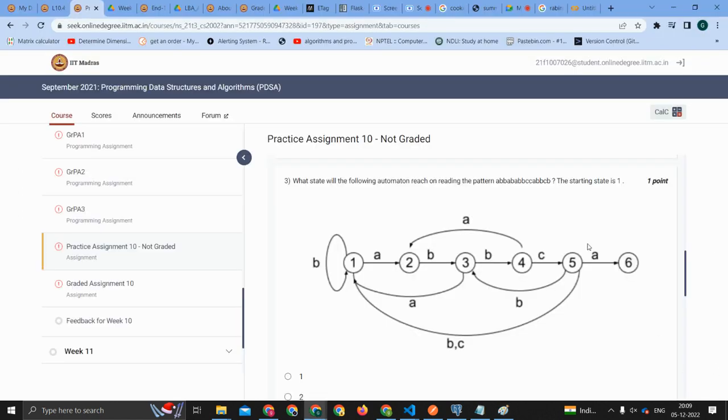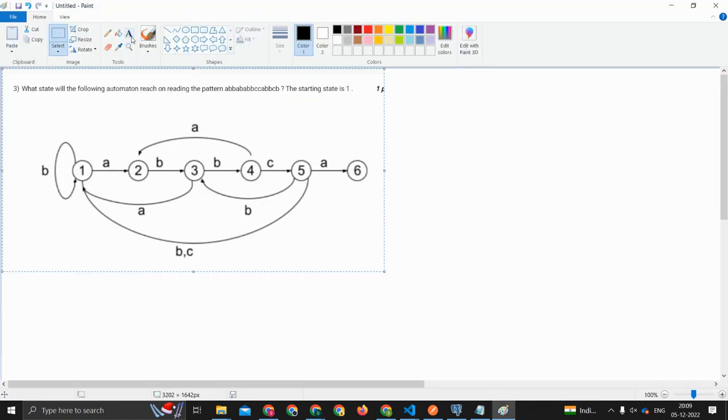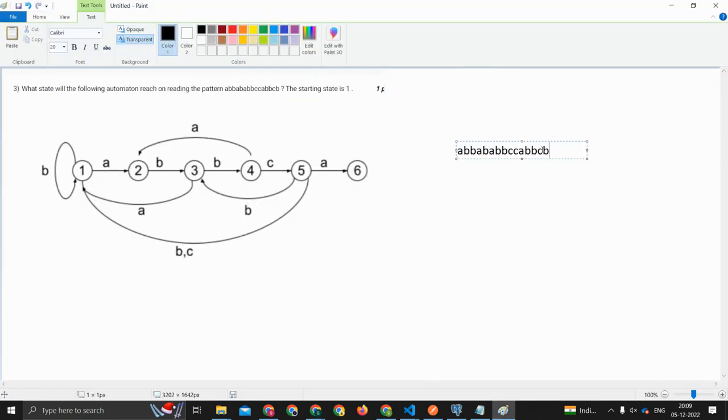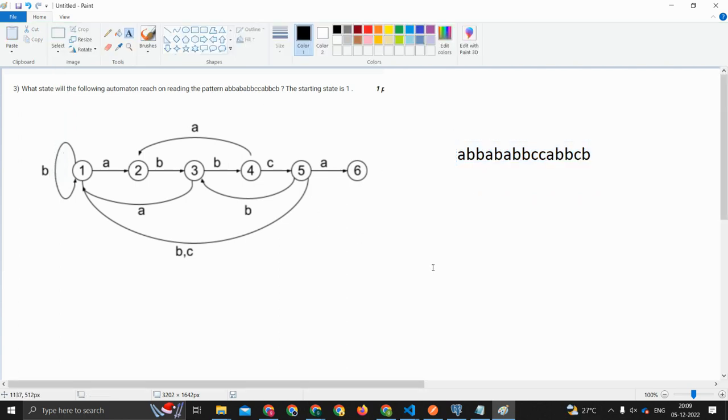I just copy the pattern alone so that it will be visible for everyone. Okay, is the pattern visible?